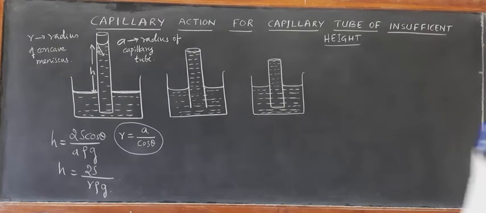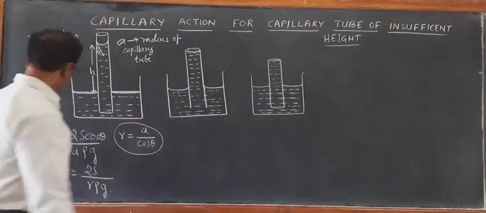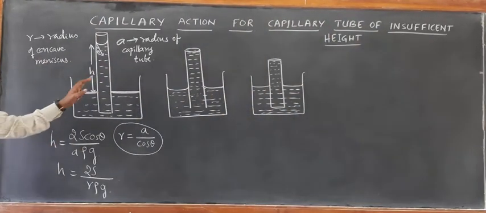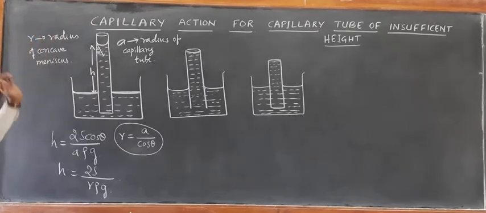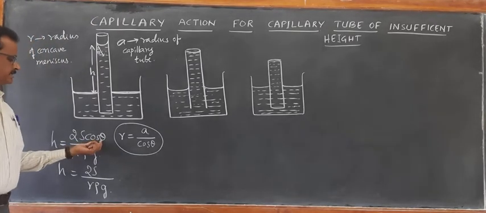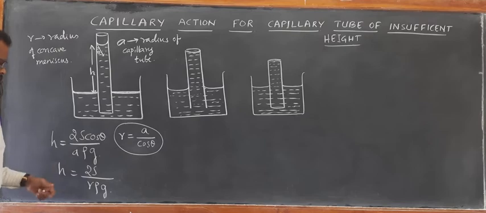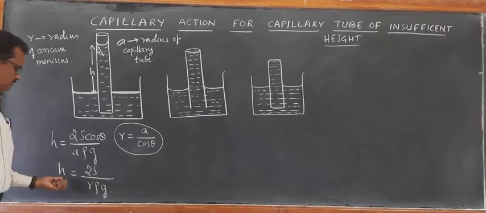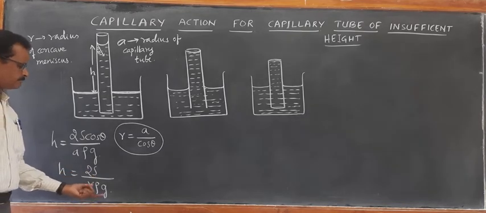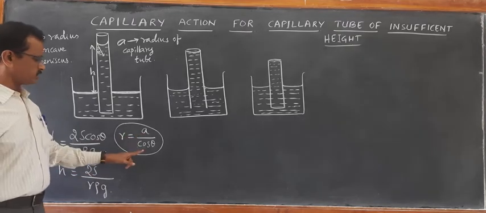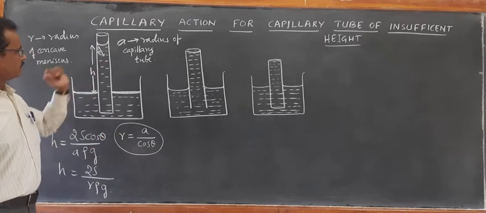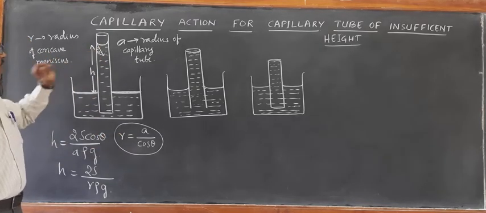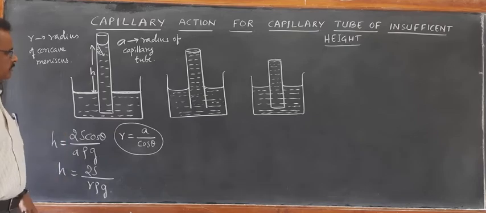The height through which the liquid rises is given by 2s cos theta by a rho g, where a is the radius of the tube, theta is the angle of contact, and rho is the density. The same thing can be written as h is equal to 2s upon r rho g, where r is equal to a by cos theta, as we derived yesterday. r is the radius of curvature, the radius of the concave meniscus of the water. This is the equation.